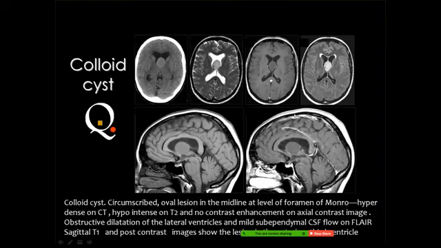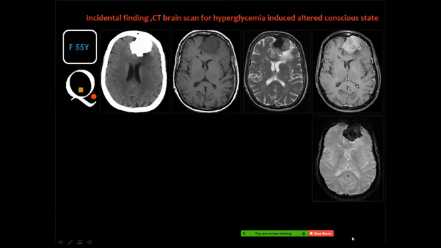It shows characteristic CT density and no characteristic MRI findings, since it can appear of low signal in the T1 and T2, or can be of bright signal in both sequences, and there are variables depending on the content of the colloid cyst. This colloid cyst is not considered an intraaxial nor an extraaxial lesion. It is an intraventricular lesion.